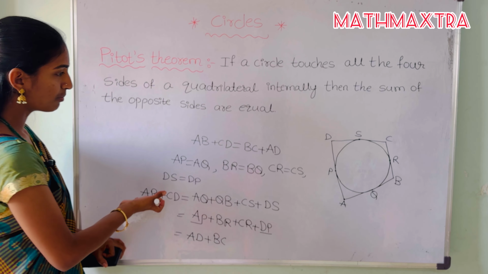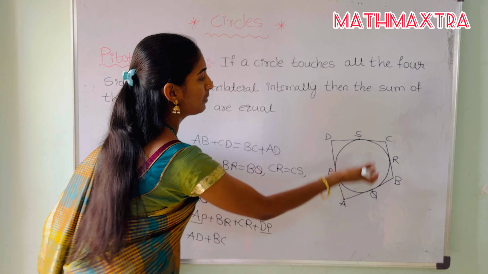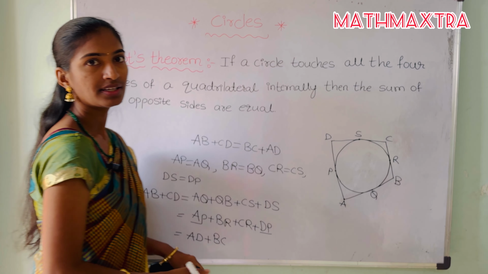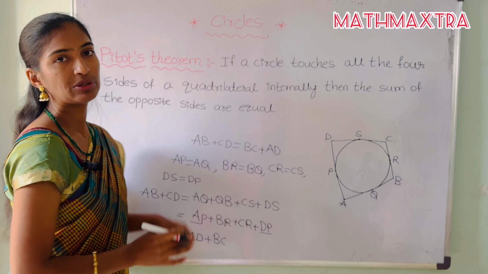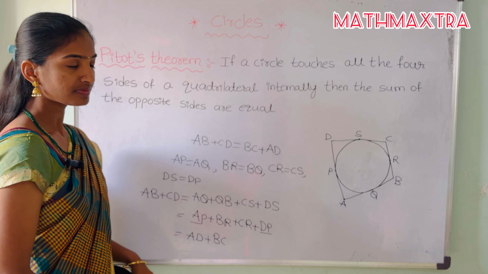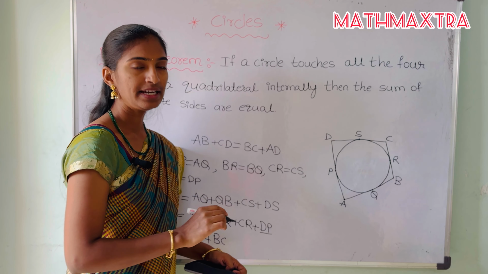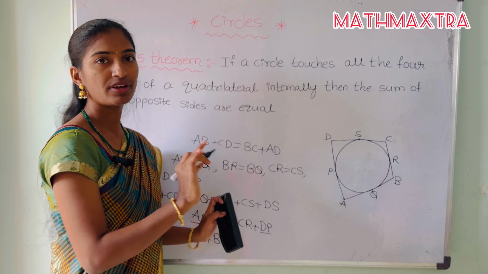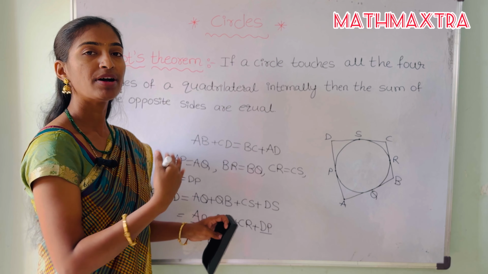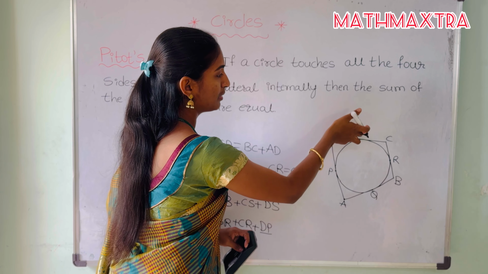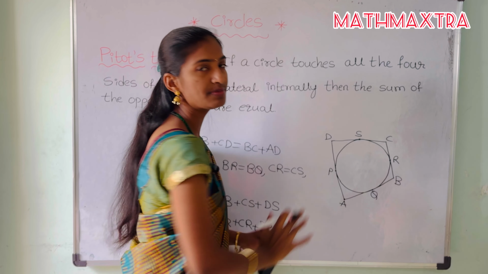The sum of the opposite sides, AB plus CD, is equal to AD plus BC. We have proved Pitot's theorem. It says that if you draw a circle touching all the sides of a quadrilateral, then the sum of the opposite sides, AB plus CD, is equal to AD plus BC.